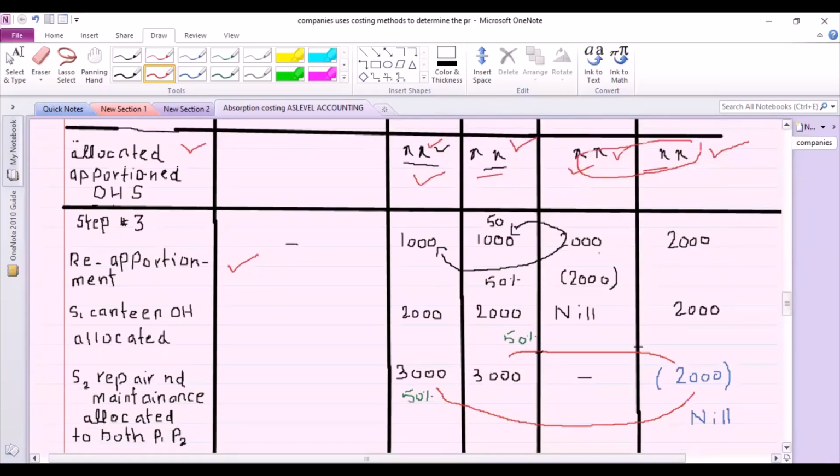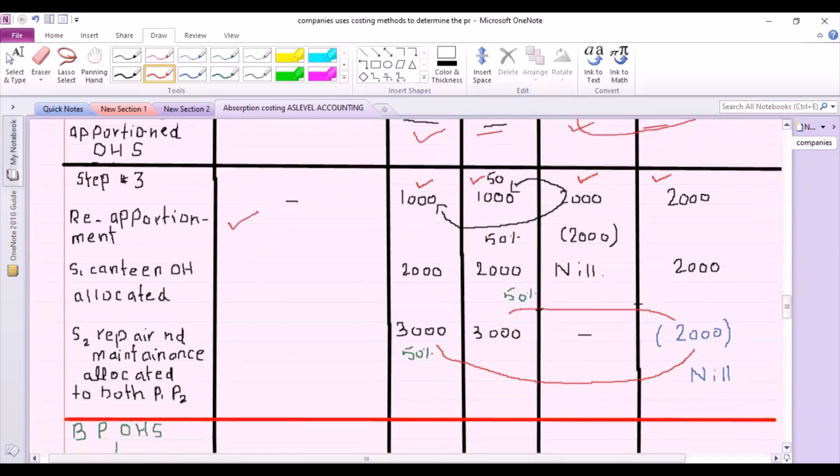Let's give an example: we have 1000 for P1 as allocated apportioned overheads, 1000 for P2, 2000 for service department 1, and 2000 for service department 2, which is repair and maintenance. These four amounts are our allocated apportioned overheads.